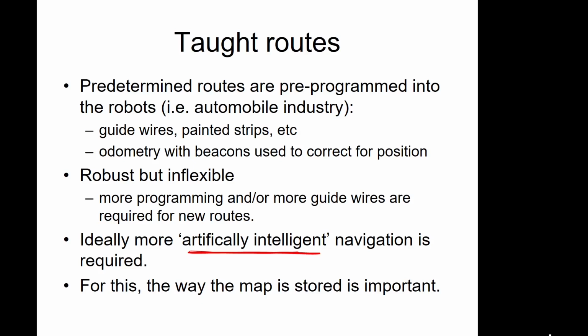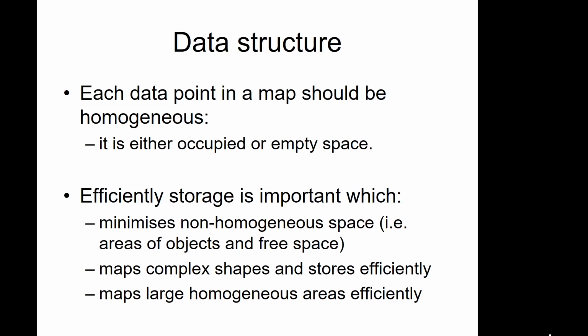The first aspect of this is storing a map of the environment, and the way we store this map is very important. The map consists of pieces of data, so it could be a location or it could be a feature, for example. Each of these data points has to be homogeneous.